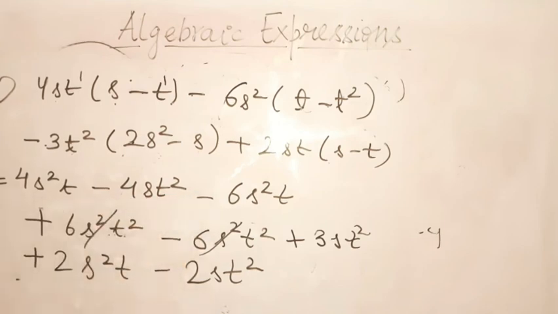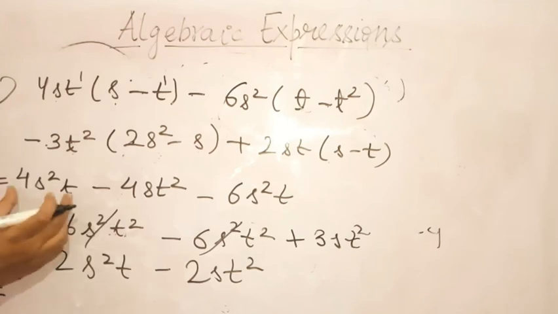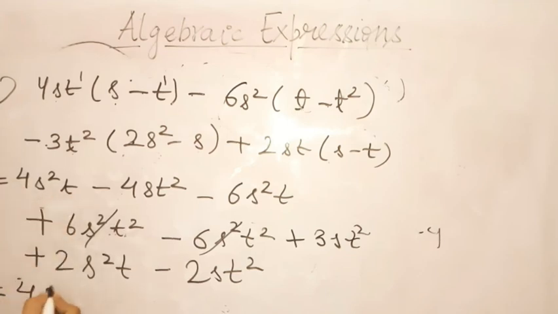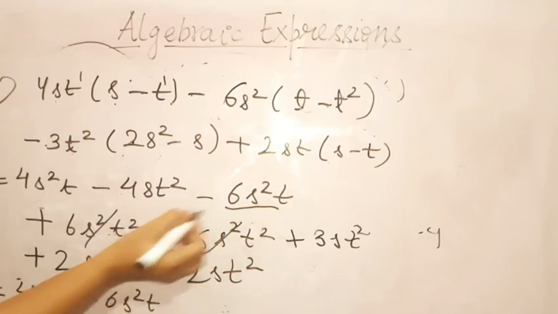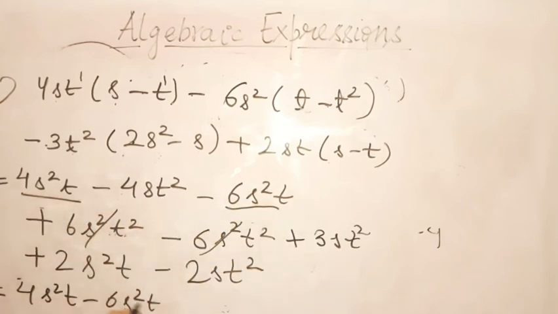First of all you have to collect all the like terms together, because if I solve directly you will not be able to understand. So I am going to write the next step, in which I write all the like terms together. So this is s²t: 4s²t minus 6s²t, and this is also plus 2s²t. I have written all the like terms together.